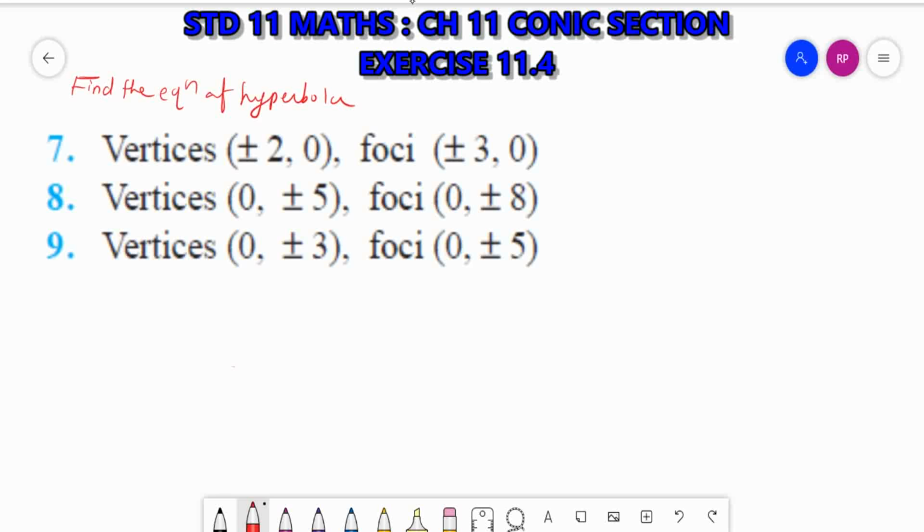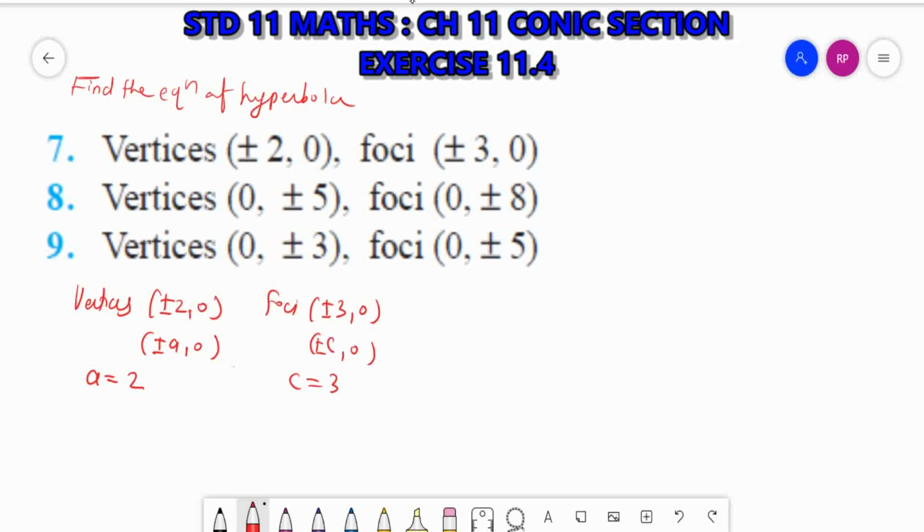See, the vertices are given plus minus 2, 0 and the foci plus minus 3, 0. Okay, so comparing the vertices with plus minus a, 0, I will get a equal to 2. Comparing foci with plus minus c, 0, I will get c equal to 3.